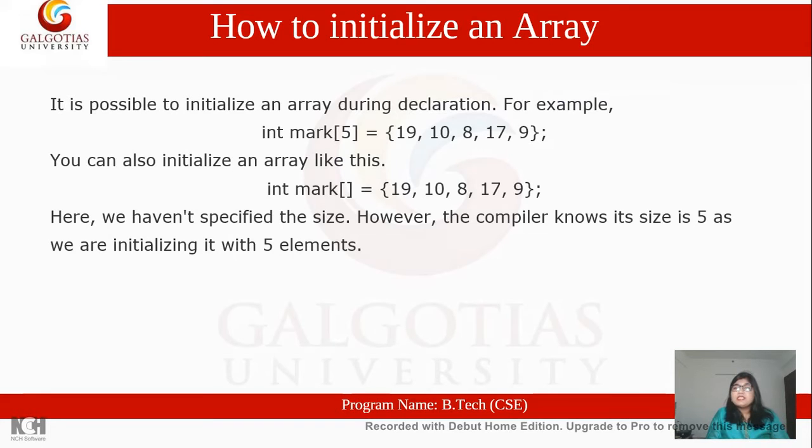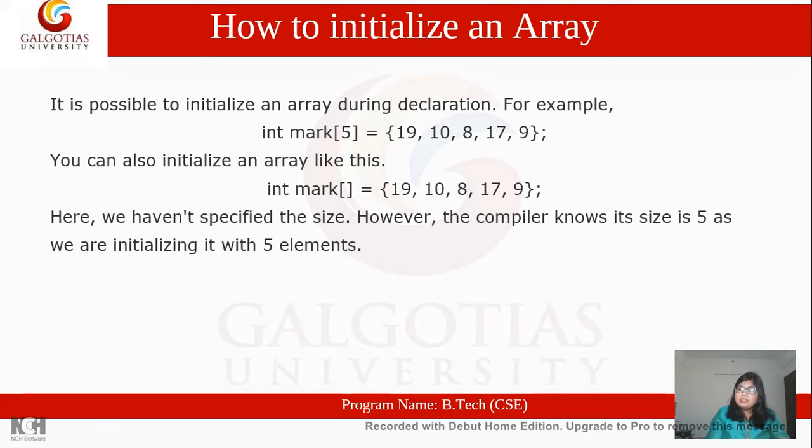Now the question arises: how do you initialize an array? We have talked about how to declare, we have talked about how to access, now how to initialize. Please remember, declaration and initialization are two different things. Declaration means I'm going to tell you that something is going to happen.